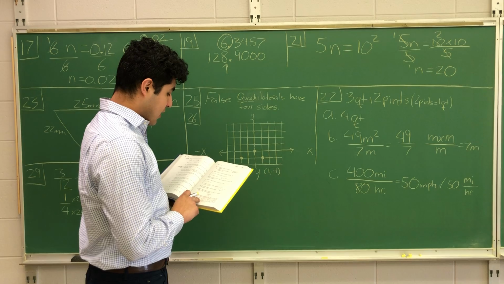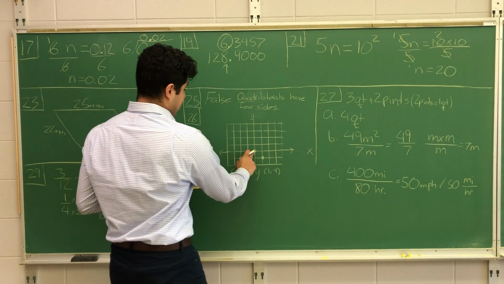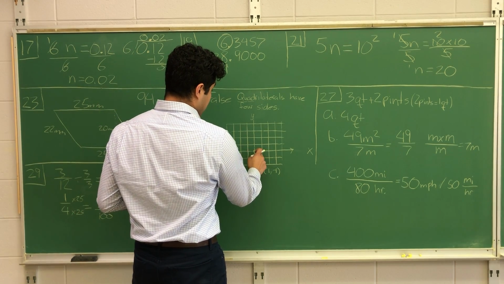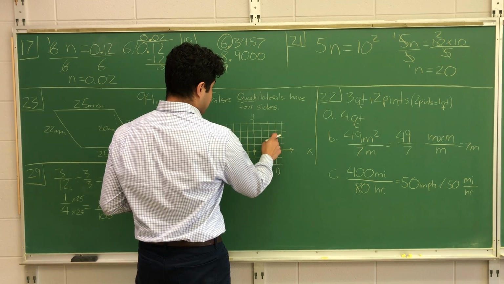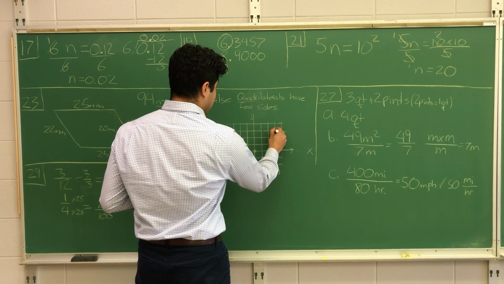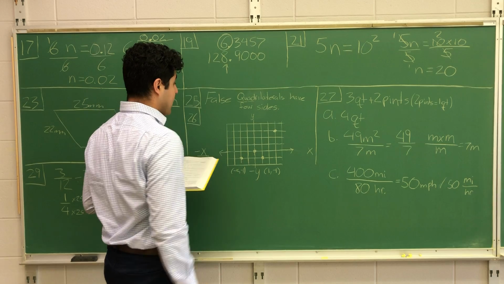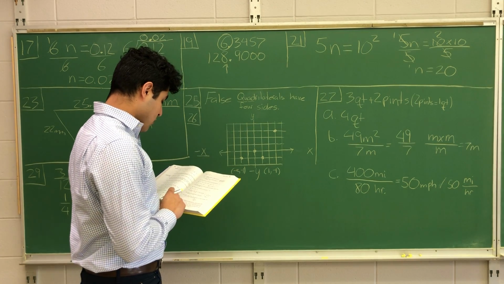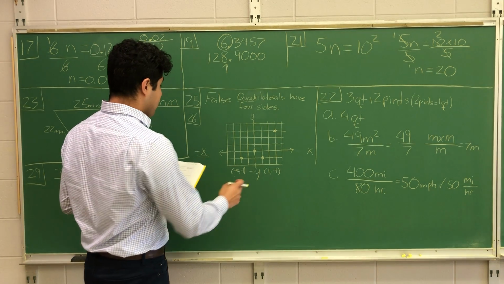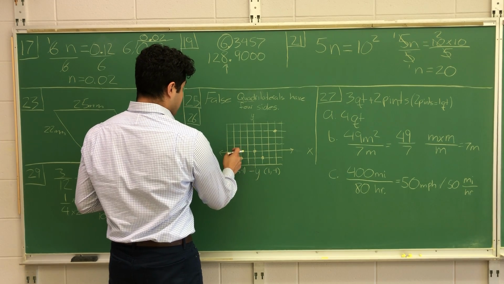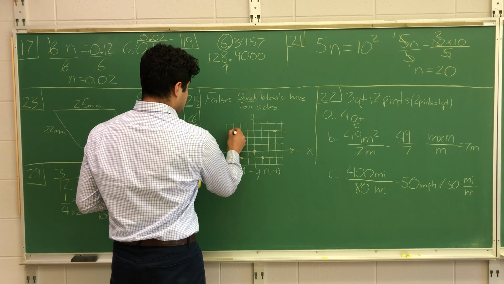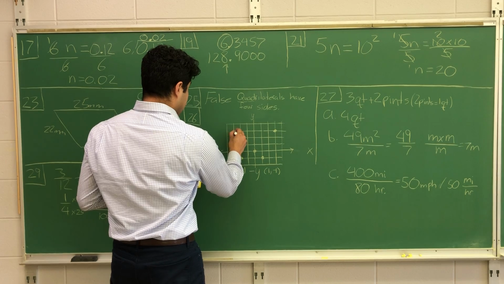My next point is +3, +3. So I go from here and I count 3. 1, 2, 3, and I count 3. 1, 2, 3. I went up because it's a positive number, so we're going towards the positive y-axis. And then we have -3, 3. So the opposite way, 1, 2, 3, 1, 2, 3. So I go ahead and plot my point here.